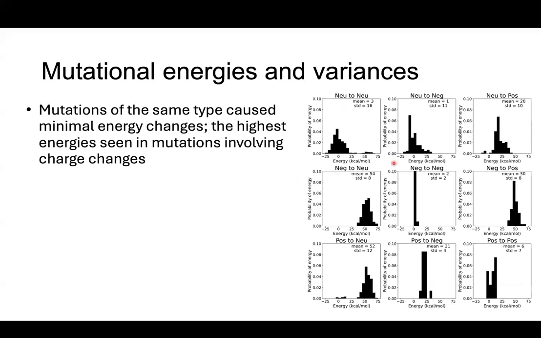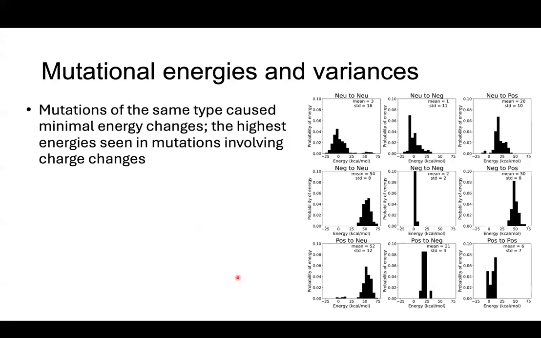Most of the energies are on the positive side. Again, this is the neutral to neutral, neutral to negative, etc. So the diagonal is for the same kind of mutations, and off-diagonals are for the different kinds. If the energy is negative, it means that the inserted mutation is more favorable compared to the wild type.